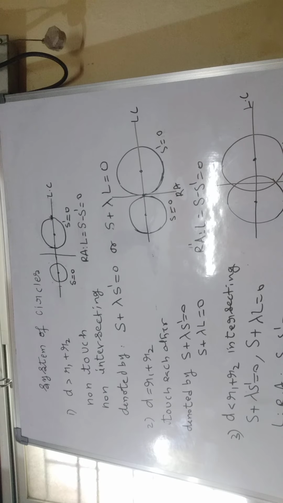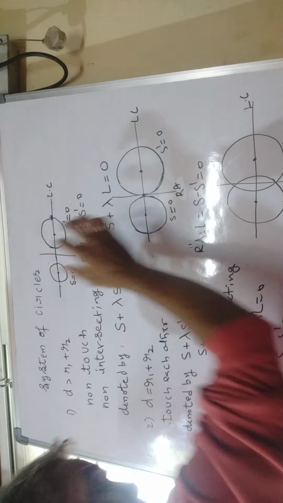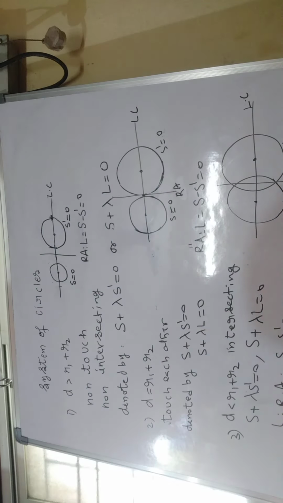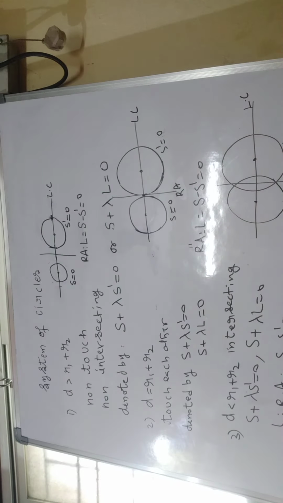So whenever the center to center distance is more than R1 plus R2, with this being R1, this being R2, and this being D, automatically you get non-intersecting and non-touching. So D is greater than R1 plus R2. Non-intersecting and non-touching.